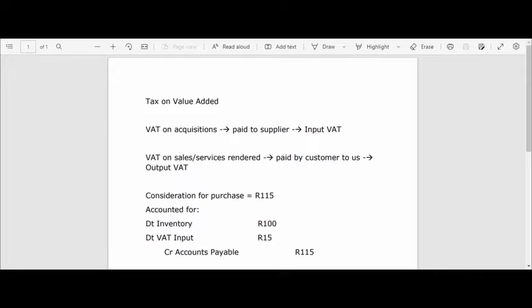If you can type perhaps a few thoughts for me there. What do you think? How can a business add value to the services or the goods that they've received from their suppliers? How can they make it worth more?